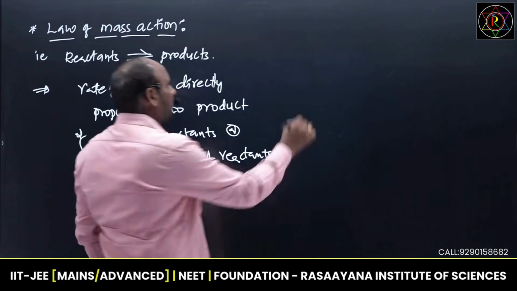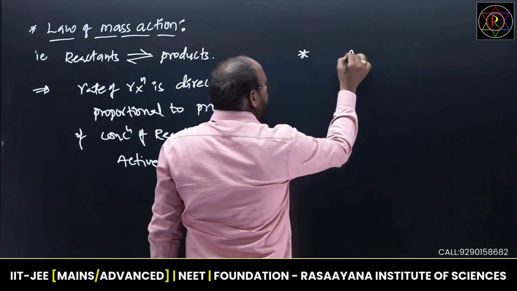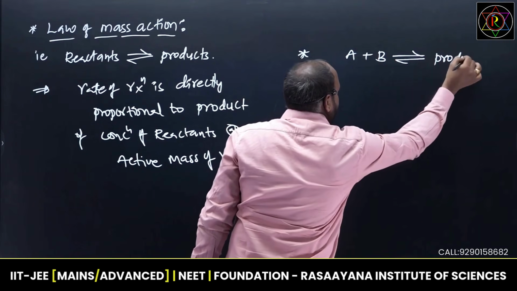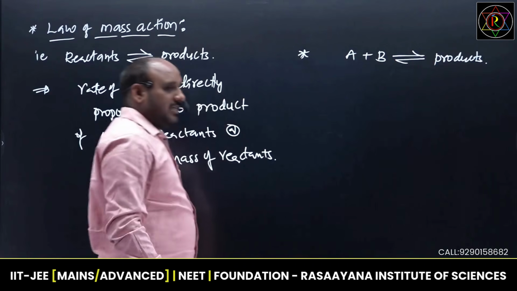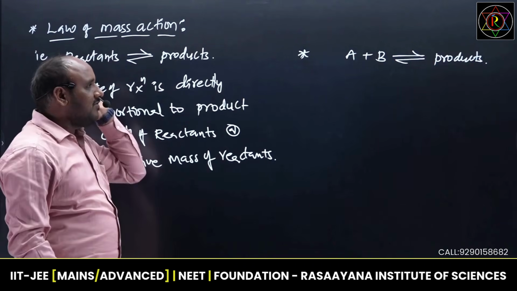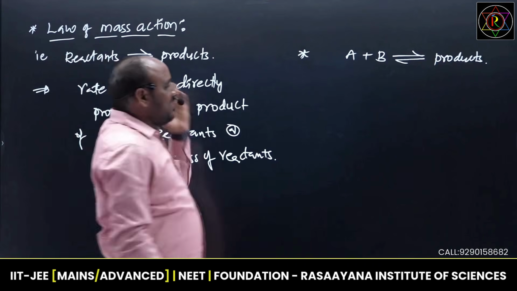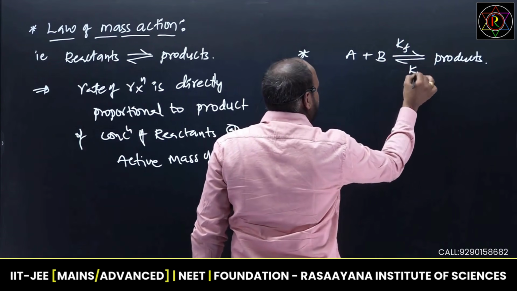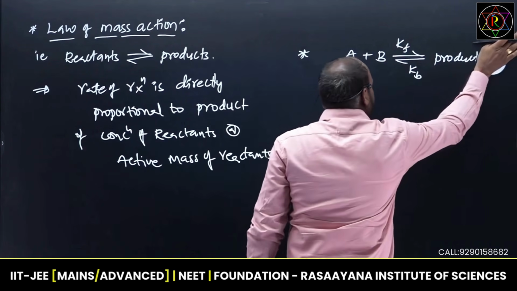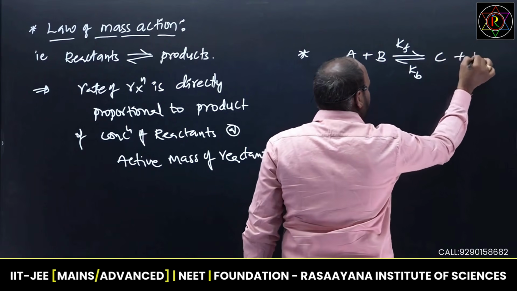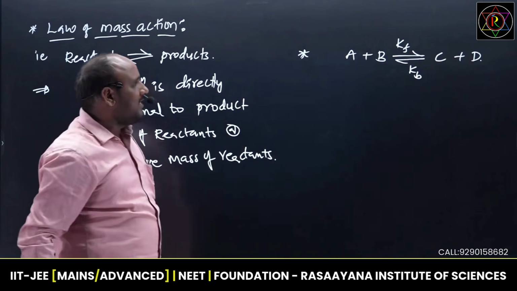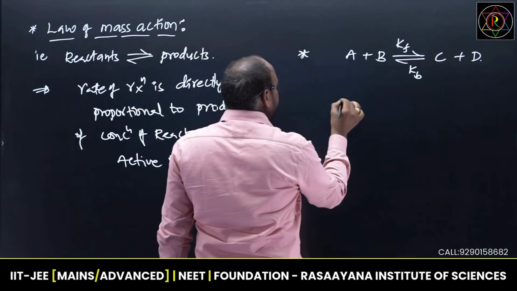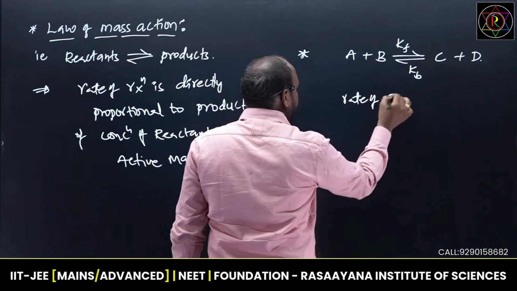For example, we consider one example: A plus B gives rise to products. If we consider a forward reaction only, the rate constant will be Kf, and for the backward reaction it will be Kb. Even if we consider the backward reaction, we have to take the products, C and D. So what is the law of mass action?